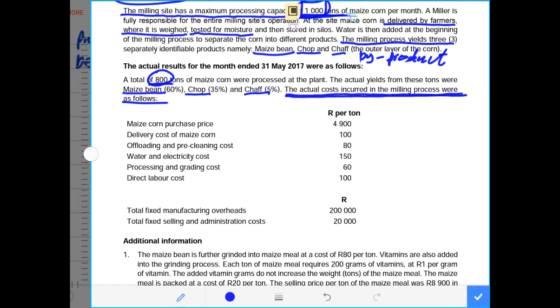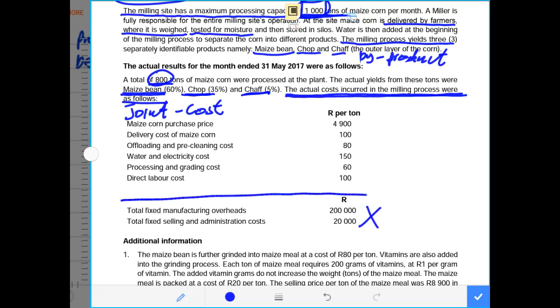So now these are the costs that were incurred jointly, and we normally call this joint cost. The costs that were incurred to process all the three products, which is the maize bean, the chop, and the chaff. So now these are the joint cost, and we are looking for the joint cost. And the joint costs are only variable cost. They don't take into account the fixed cost that you see here at the bottom. So now joint cost will only be those costs that are variable.